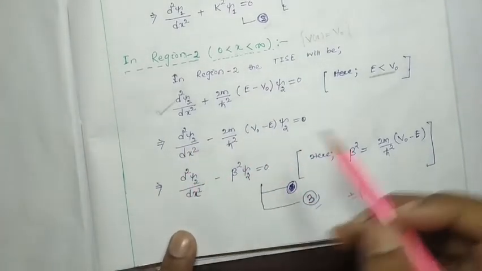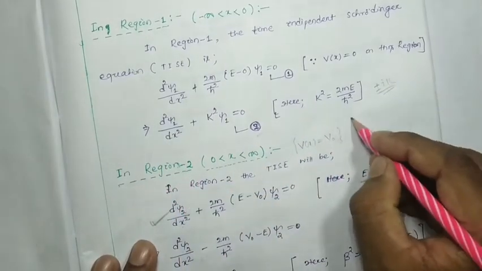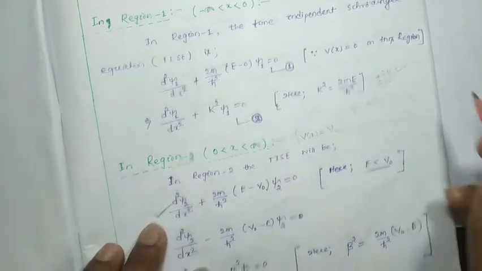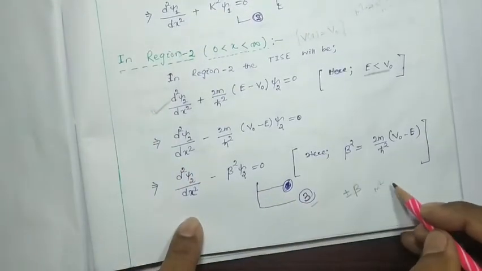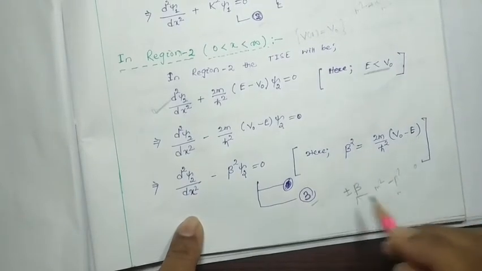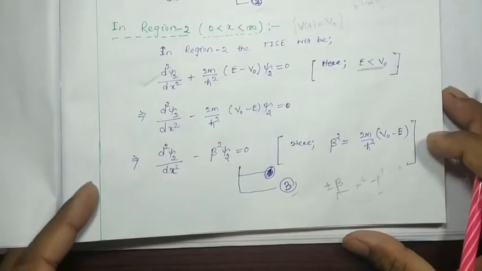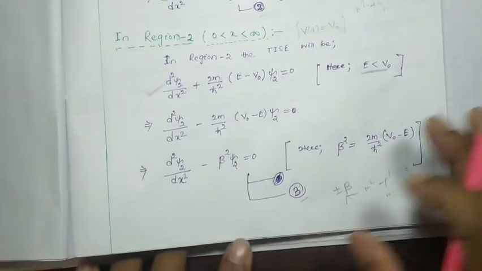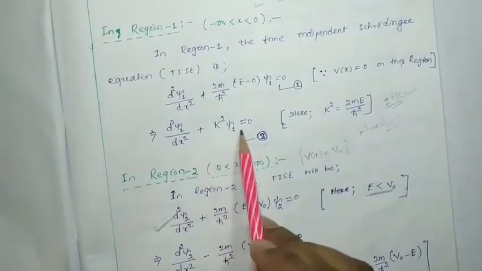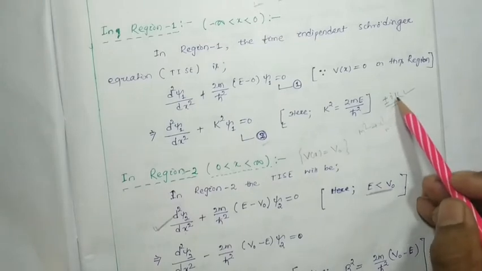Got it? You can see that here if you are going to find out the root, this will be m square plus k square equal to 0. So m equal to plus or minus ik. Here m square minus beta square equal to 0, m equal to plus or minus beta. That we have already studied many times in our differential equation chapters. So the general solution of this differential equation will be a linear combination of these two solutions.